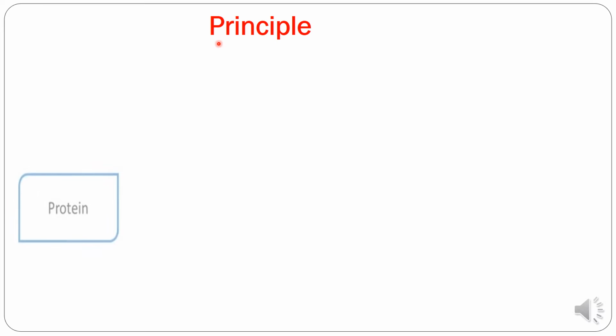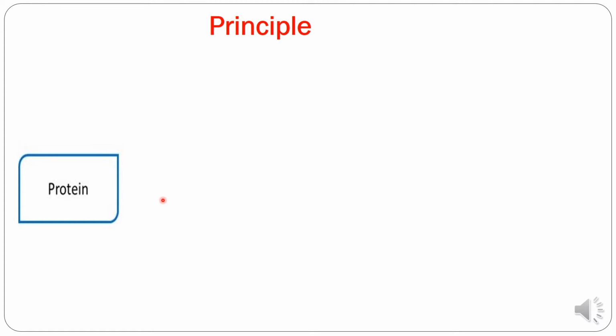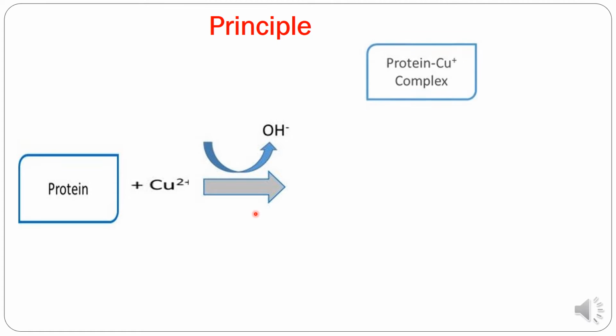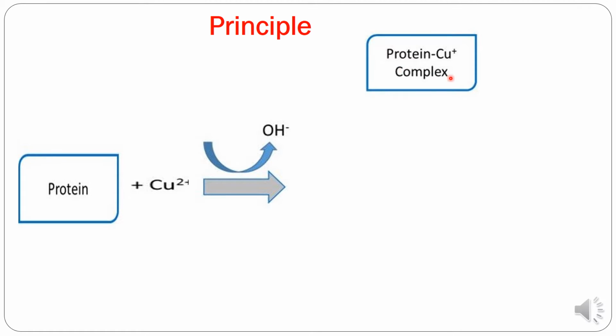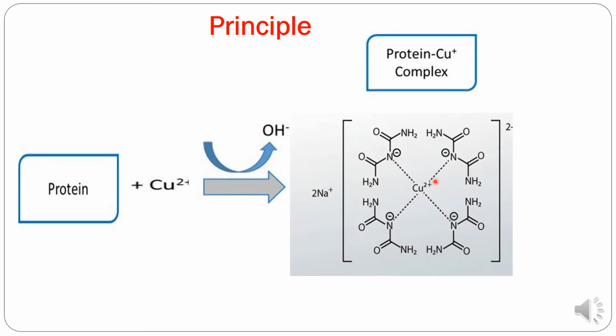Now let us see the reaction mechanism. The reaction mechanism shows that protein is binding with the cupric ions which are present in the Biuret reagent in alkaline medium, and it is forming a protein copper complex. You can see at least four peptide bonds are joining: 1, 2, 3, and 4.